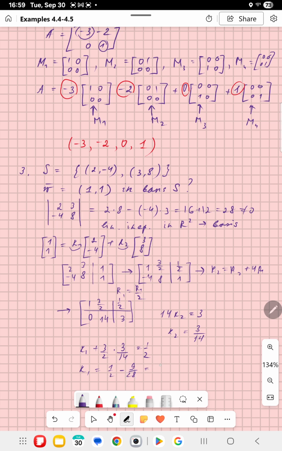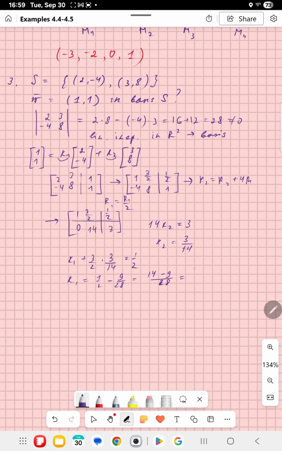If I multiply by 14, I'm going to have 14 minus 9 over 28, and that's going to give me 5 over 28. I'm getting very weird coordinates, but it doesn't mean that they're wrong. So K1 equals 5 over 28 and K2 equals 3 over 14. Those are going to be the coordinates of my vector W in basis S.